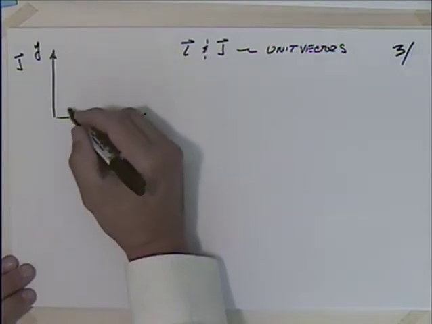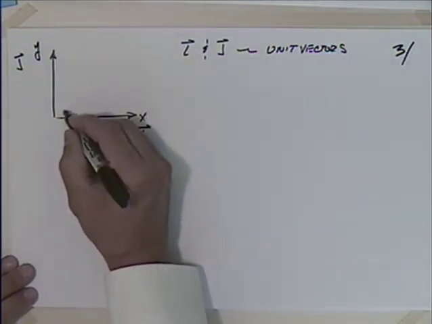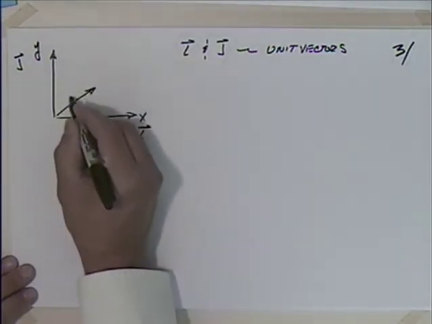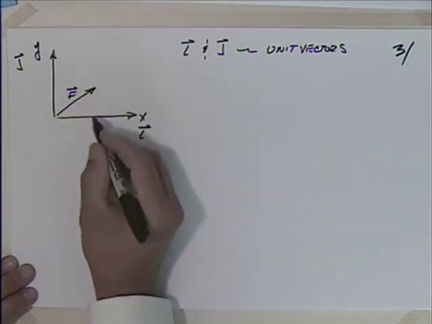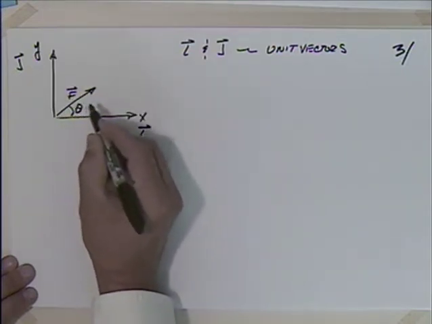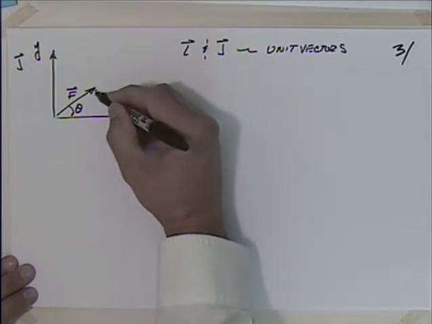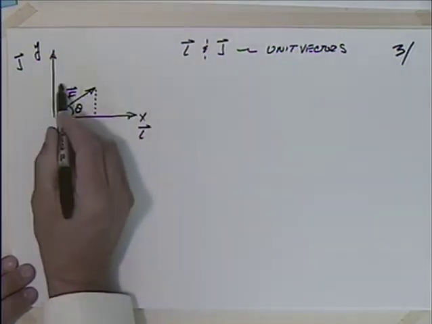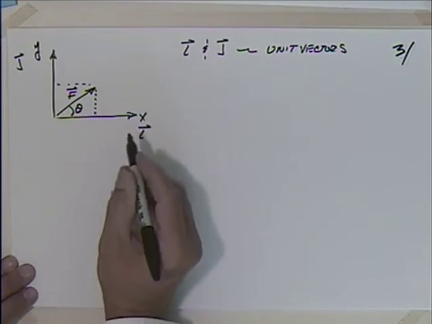So if I apply a vector here, let's say this vector F at some angle theta here, I could say that it has a component in the x direction and a component in the y direction.